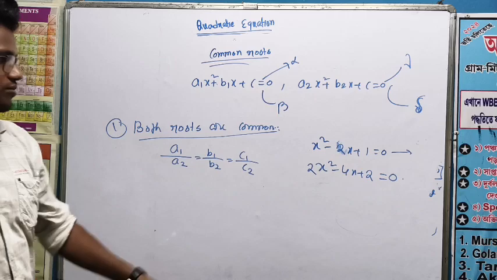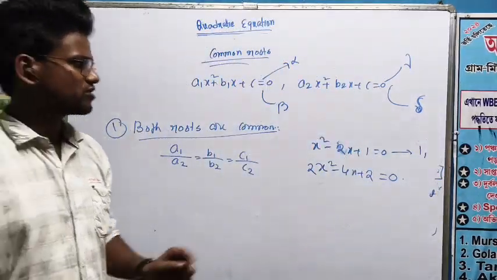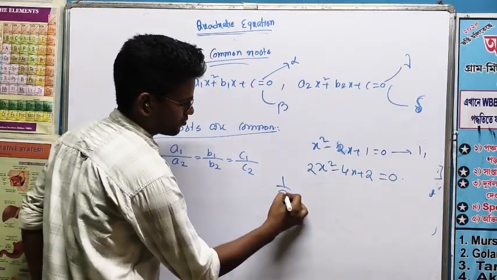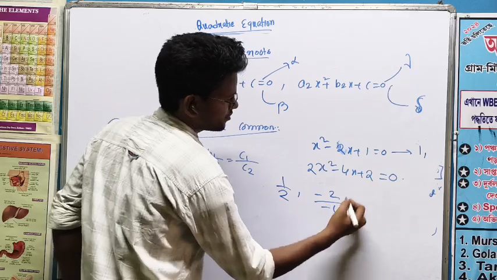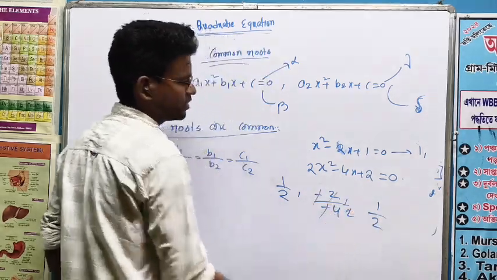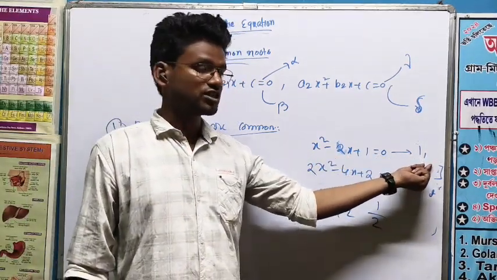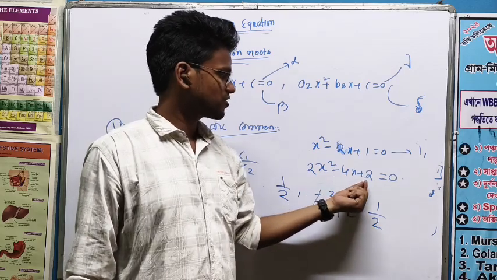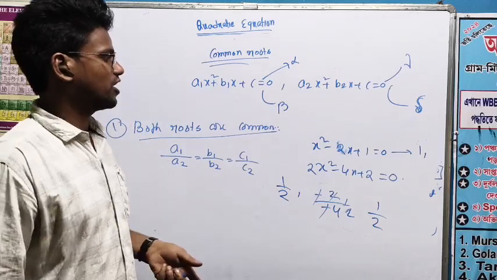The ratios are 2 by 2, which is 1, then minus 2 by minus 4, which is 1 by 2, and 1 by 2 again. That means here we get the roots alpha, beta, and the equation 2x square minus 4x plus 2 obviously has the same roots. That means both roots are common.